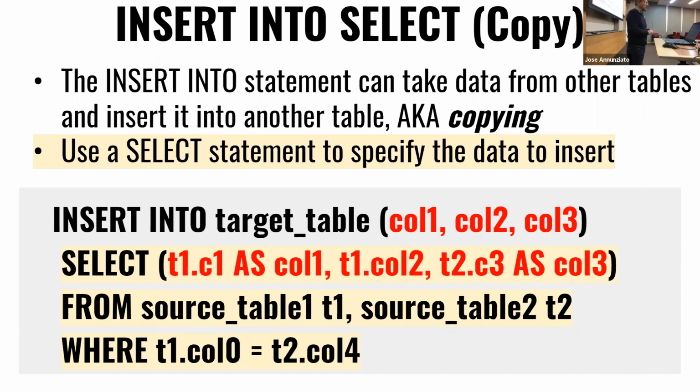So obviously you would have to first create a table with that particular schema that you're expecting. It would also have to make sure that the data types of the source tables match the data types of the target table. And you also have to make sure that you rename the fields as the target table's columns. Otherwise you won't know which values match with what column.